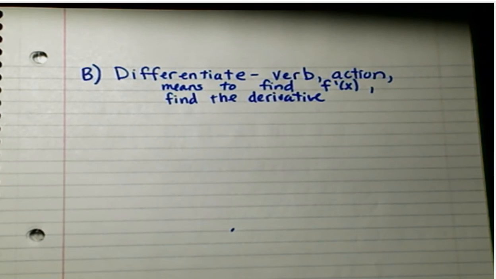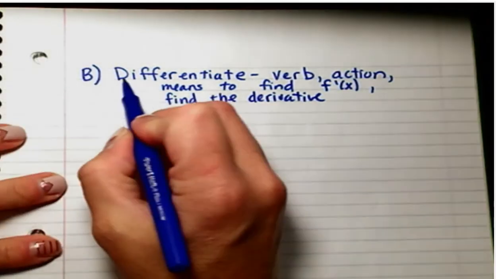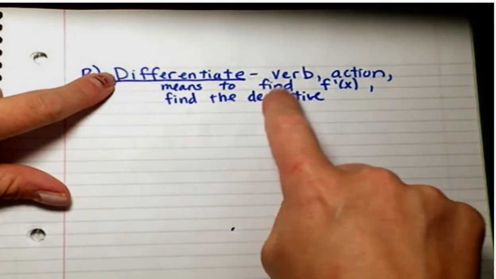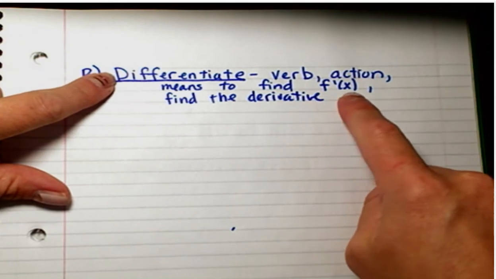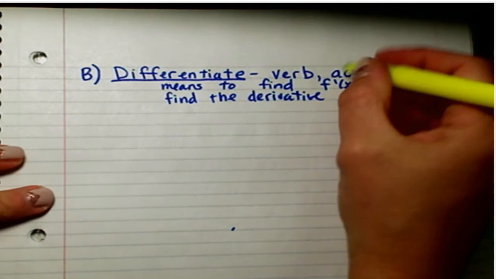You know how sometimes your directions say factor. Factor is an action. Differentiate is an action. It is telling you to do something. It is telling you to find f prime of x, which is interchangeable with the derivative.